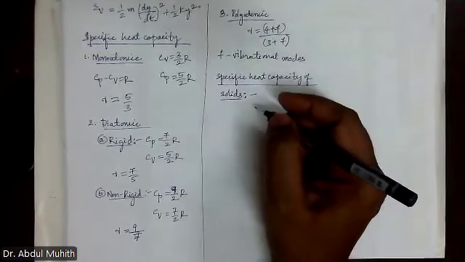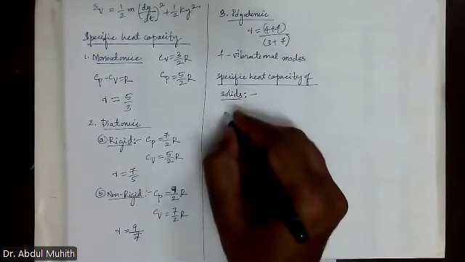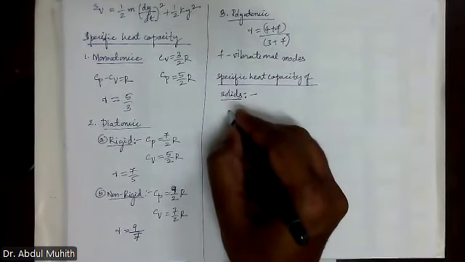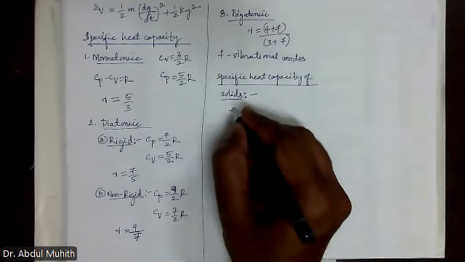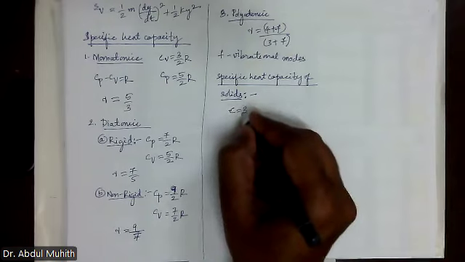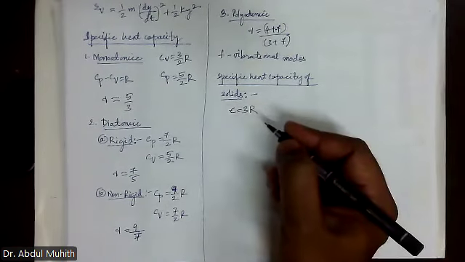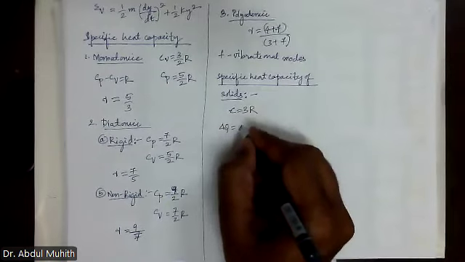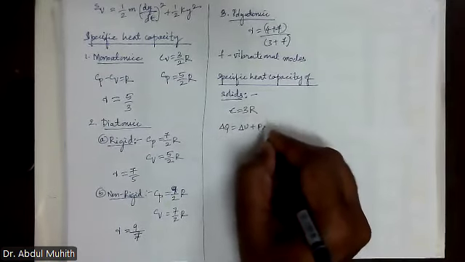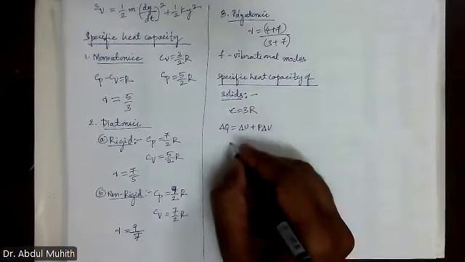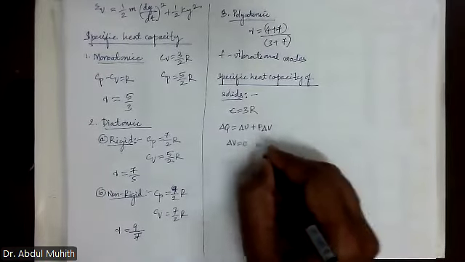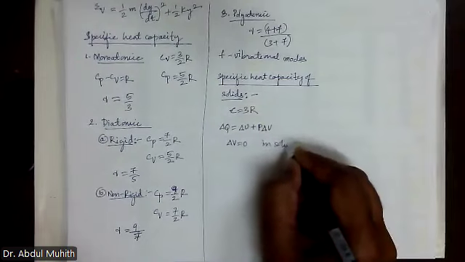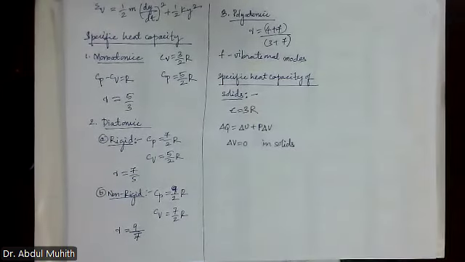Here we have the formula: C is equal to 3R. Here we are using the formula delta Q is equal to delta U plus P delta V. But here delta V is equal to 0 in solids. So C is equal to 3R.